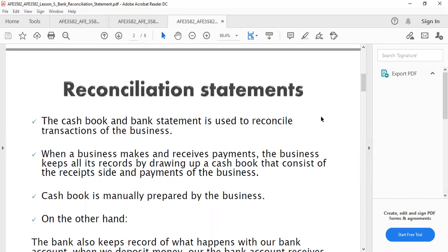To reconcile those balances, you will need to draw up an updated cash book as well as a bank reconciliation statement. The cash book and bank statement are used to reconcile transactions of the business. When a business makes and receives payments, it keeps all its records by drawing up a cash book that consists of all receipts and payments. The cash book is manually prepared by the business.